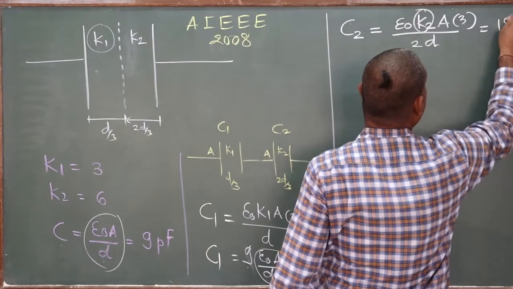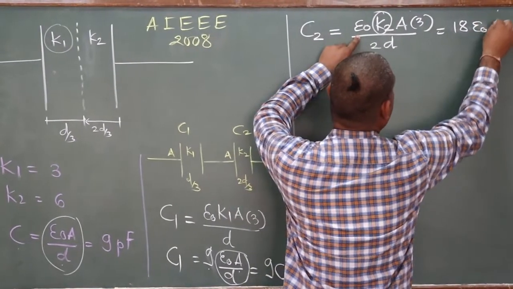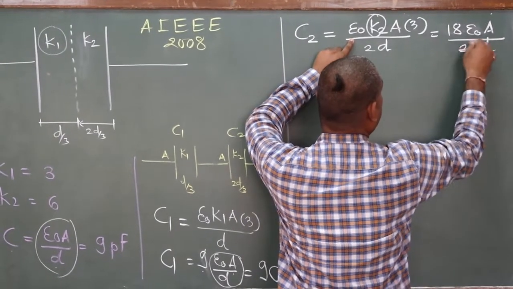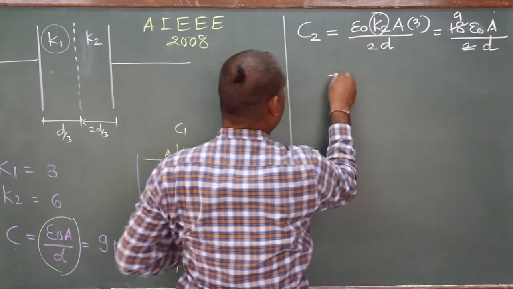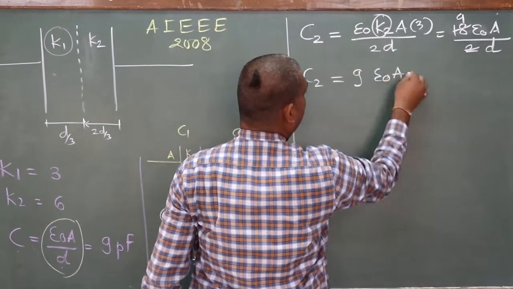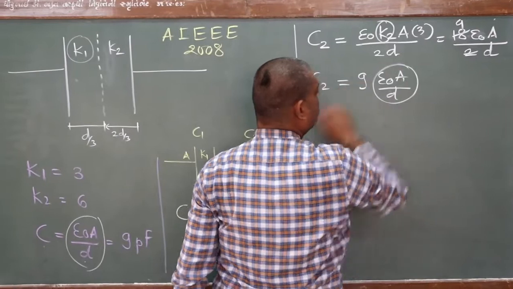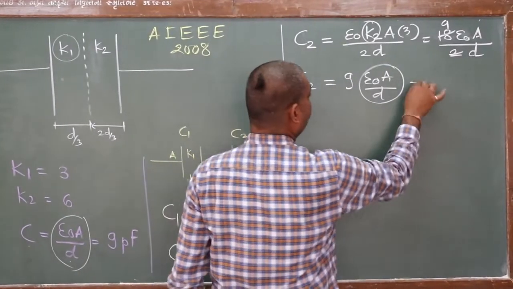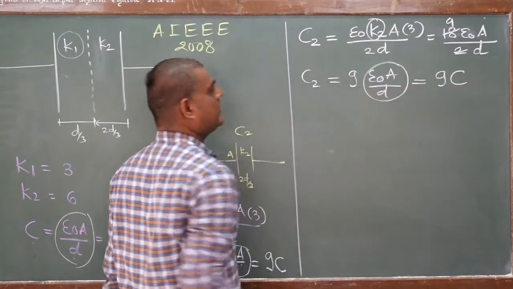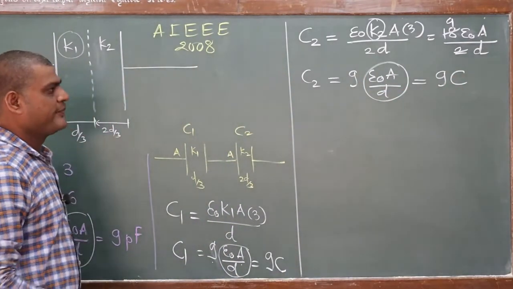So 18 epsilon 0 A by 2D. 2 9s are 18, so C2 equal to 9 epsilon 0 A by D. Epsilon 0 A by D is again C. So C2 is again 9C.